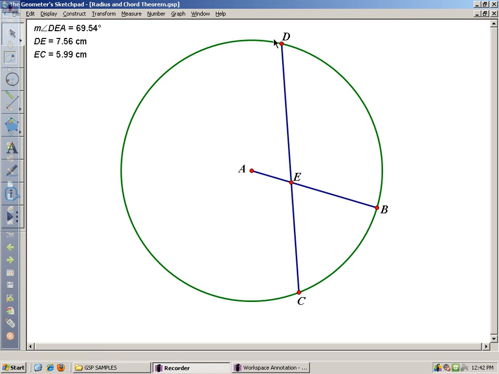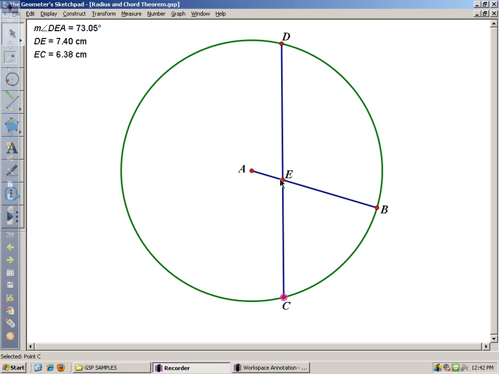And DE is the length of this part of the chord from the circle to point E. And EC is measuring the distance from the radius to this part of the chord. What we're interested in this demo is to see what happens when the chord and the radius are perpendicular.